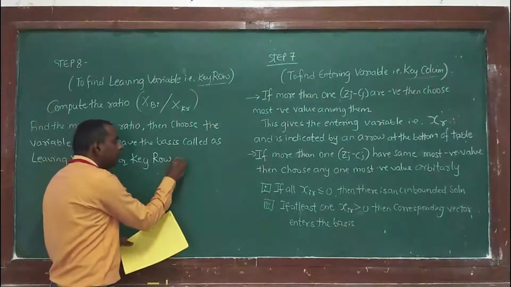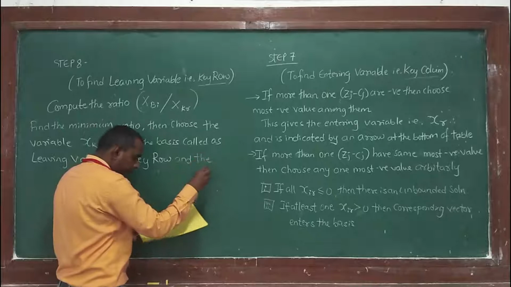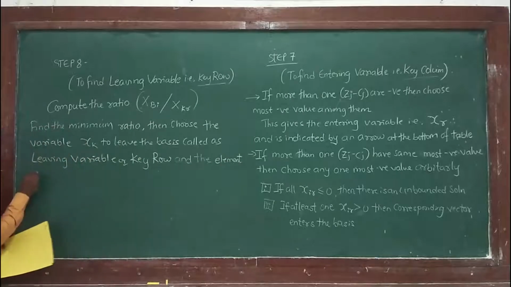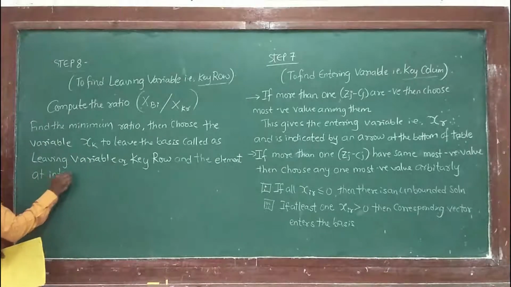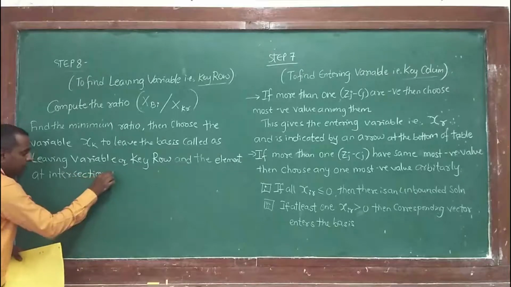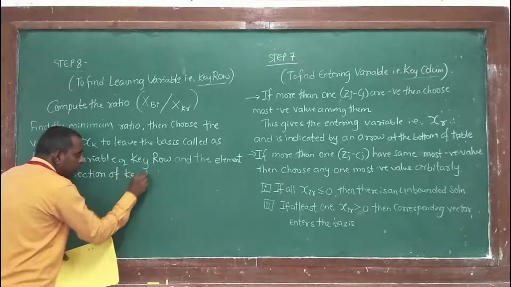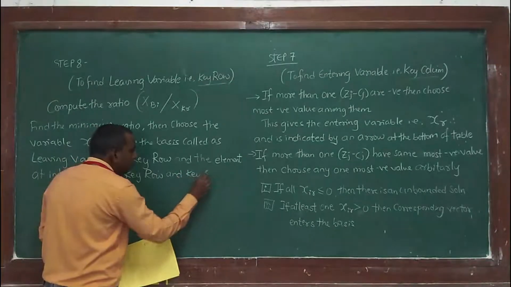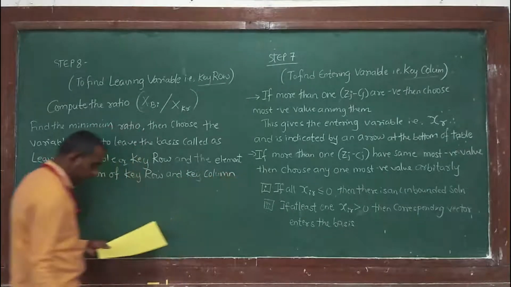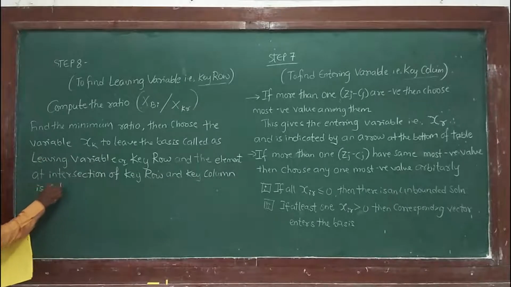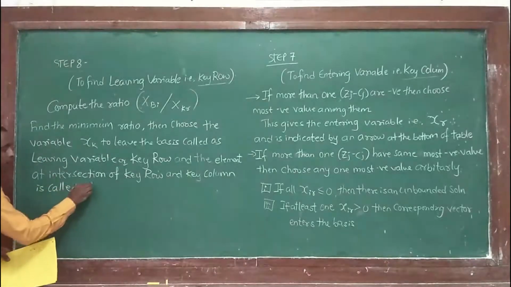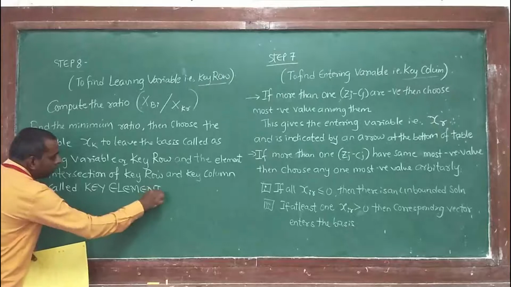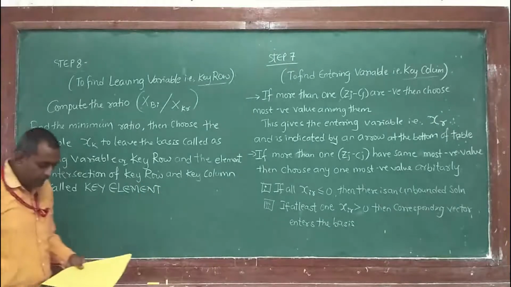Find the element at the intersection of key row and key column, which is called the key element.